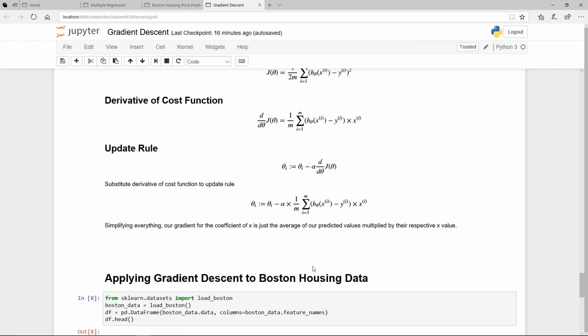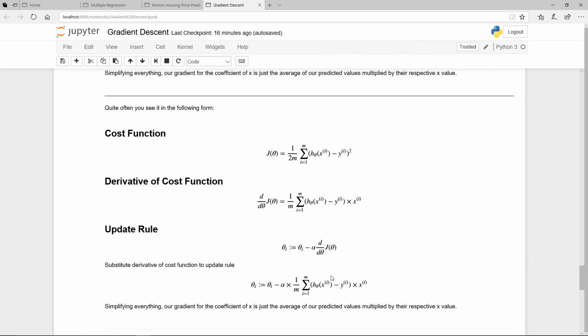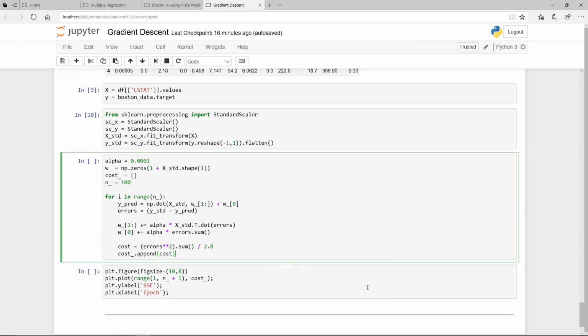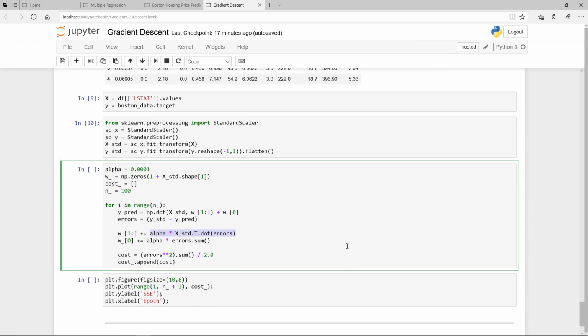That's the whole process of updating the gradient descent, and you keep repeating until you come to the minima itself. Let me repeat again: this is the alpha multiplied by the x multiplied by the errors, and the cost function is the error to the power of 2, summed up, and then divided by 2.